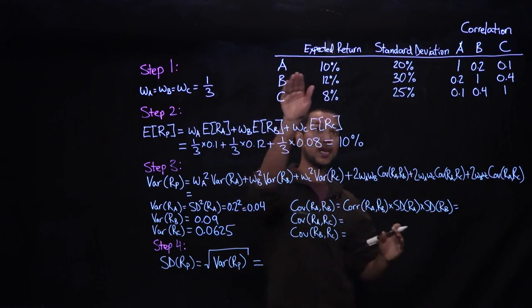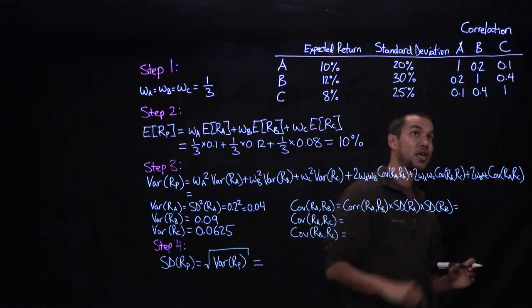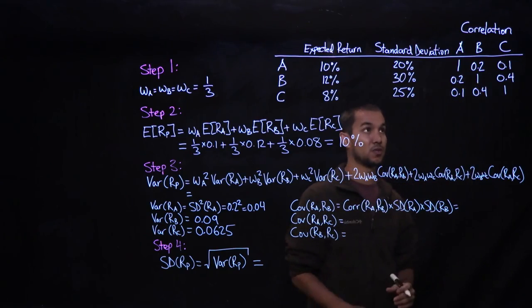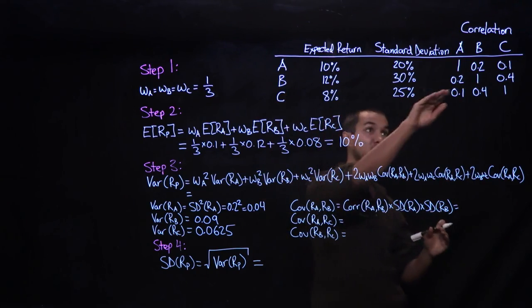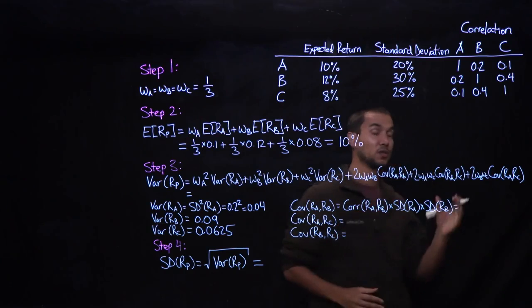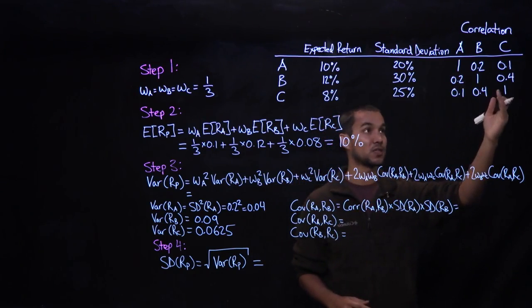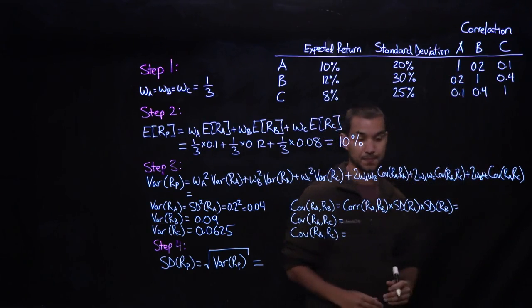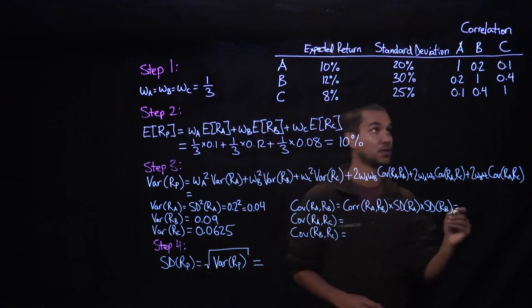So we have stock A here and stock B. And the correlation between stock A and stock B is going to be equal to 0.2. Notice that the correlation between stock B and stock A is also 0.2. So that's why this correlation matrix is symmetric.